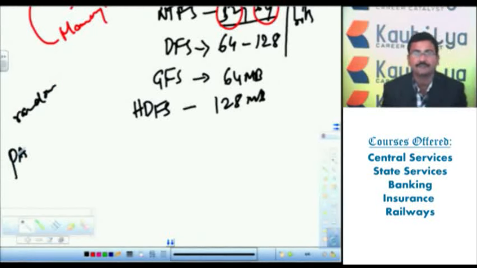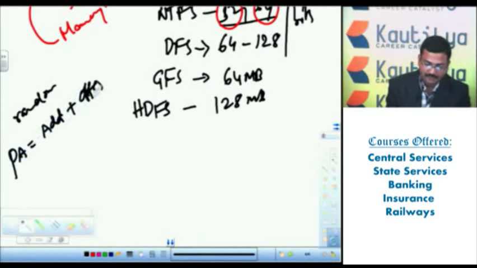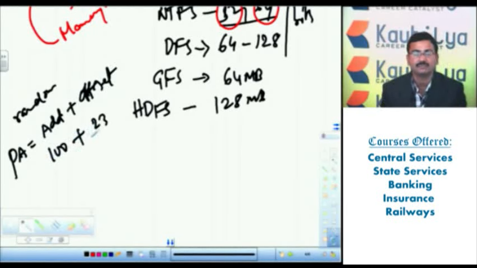A physical address is calculated as the address of that particular location, or we can also call it the logical address, plus an offset address. For example, if the address is given as 100 and the offset address is given as 23, my data is available in the 100th location, and from that location I want to move to the 23rd place, where your data is going to start.